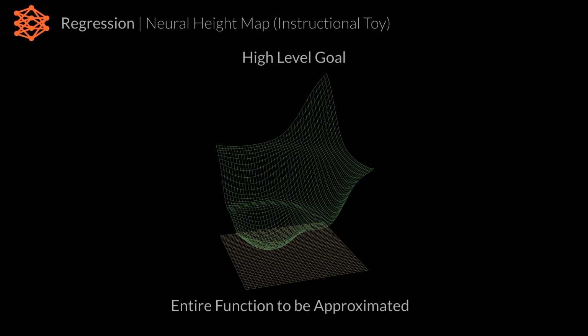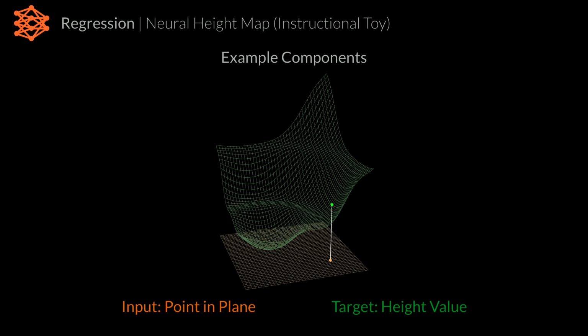You cannot look at such a function. But in this case, our inputs are 2-dimensional points, our outputs are heights, so we can observe the function in its entirety. But in real machine learning applications, we cannot observe the function in its entirety. We don't know it. So all we're given here is a bunch of input target pairs, labeled examples. In this case, the labeled examples have an input component that's a point in the plane, and the target component is a ground truth height.